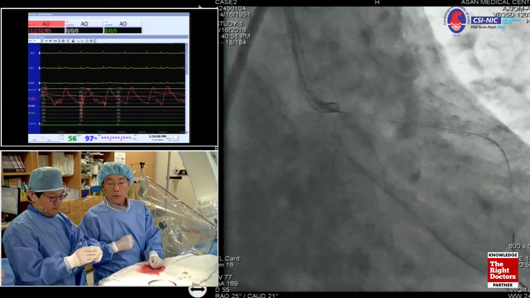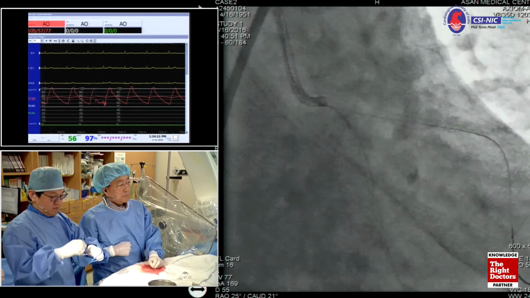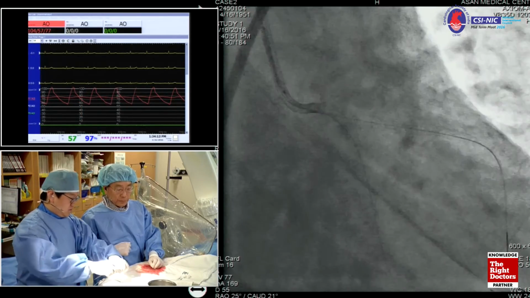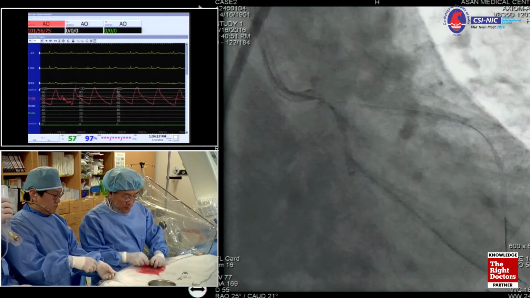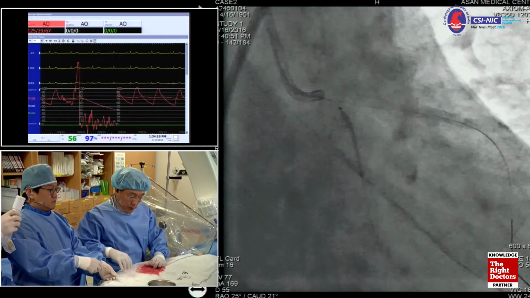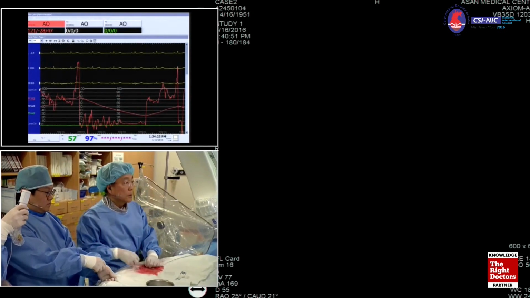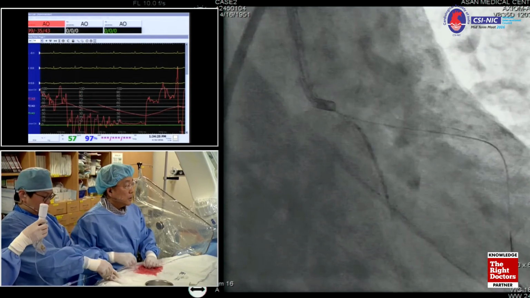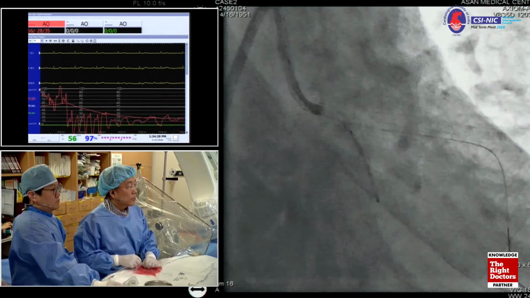So based on the IVUS finding, you decided to do the two-stent strategy. Yes. So you are planning to do mini crush, in any situation. Yes, mini crush. That is easier to perform.